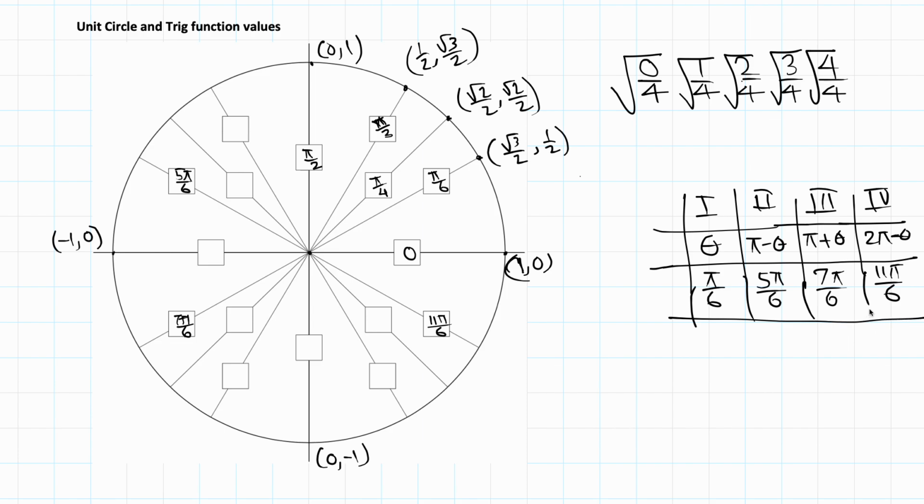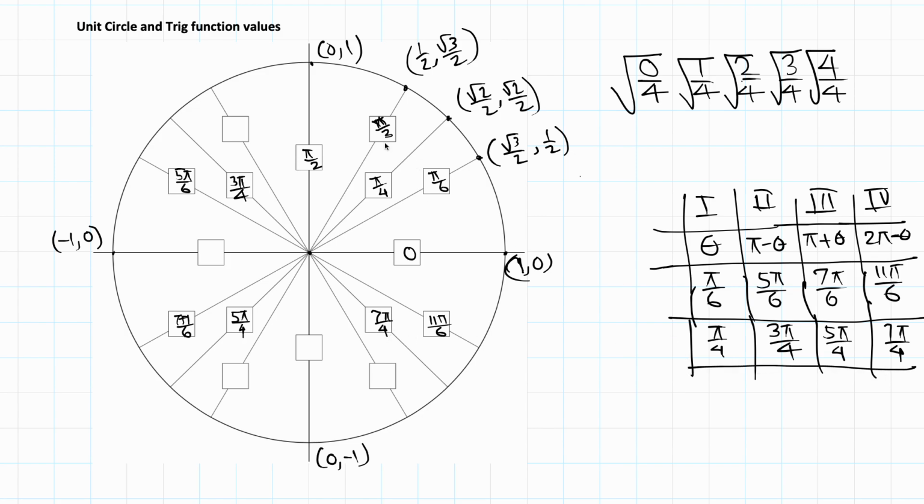Okay, then how about for other standard angles? We got a pi over 4, 45. Pi minus pi over 4, that would be 3 pi over 4, 5 pi over 4, 7 pi over 4. So this is now 3 pi over 4. This is pi over 4 plus pi. That's 5 pi over 4. And this would be 7 pi over 4.